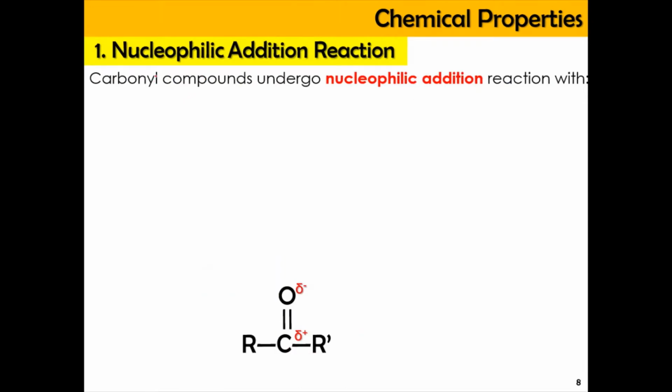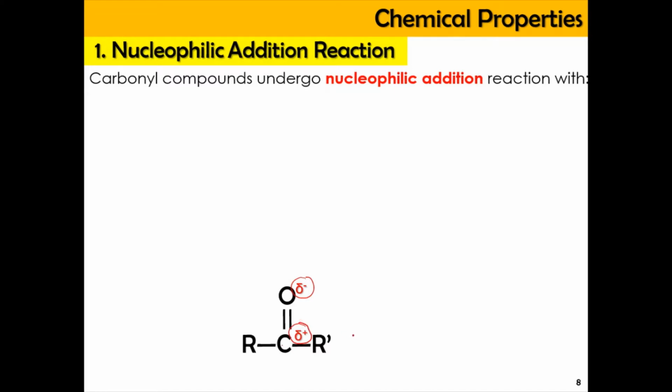So the nucleophilic addition reaction is basically a reaction that will be undergone by the carbonyl compound. This is because the C double bond O that the carbonyl has will have different electronegativity, where oxygen is more electronegative than carbon, and this causes the oxygen to carry a partially negative charge and the carbon to carry a partially positive charge.